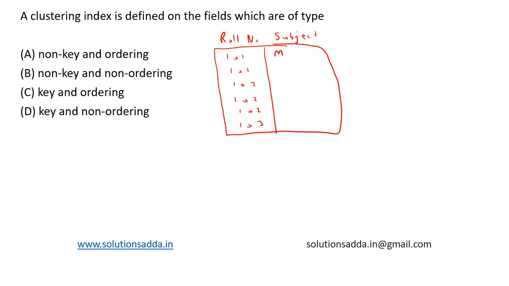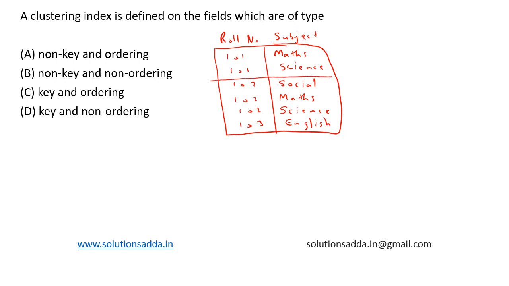The subjects be maths, science, social, maths, science and English. So based on the roll numbers, we can create clusters.